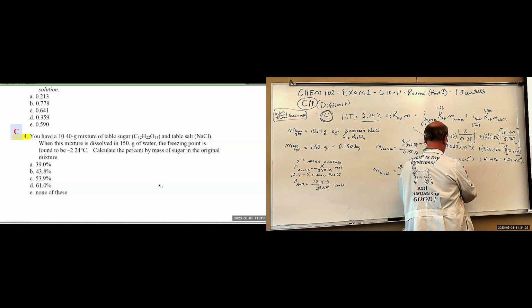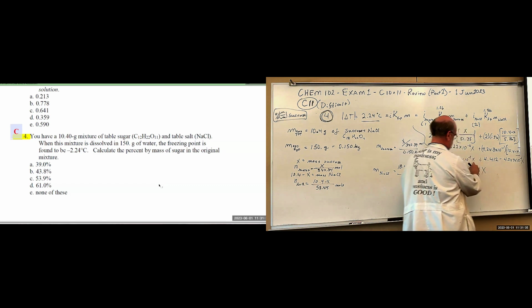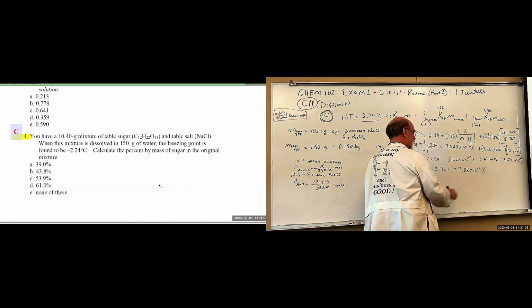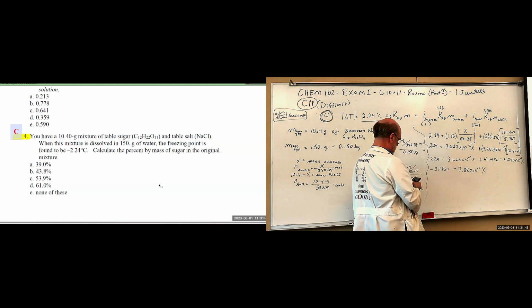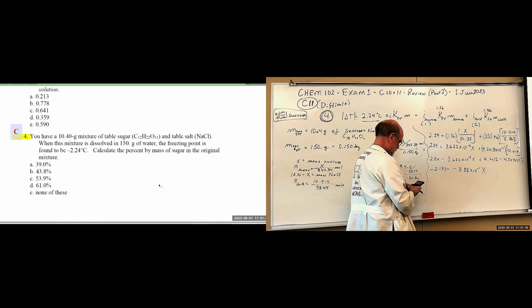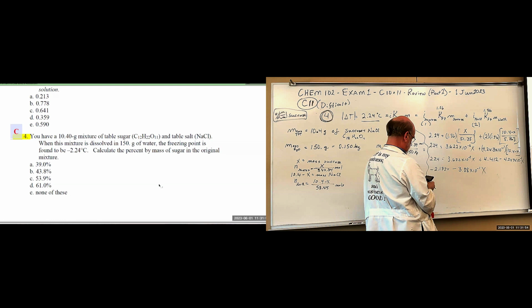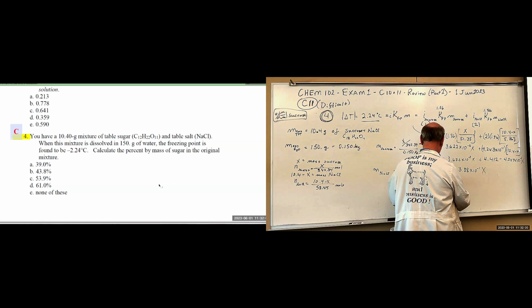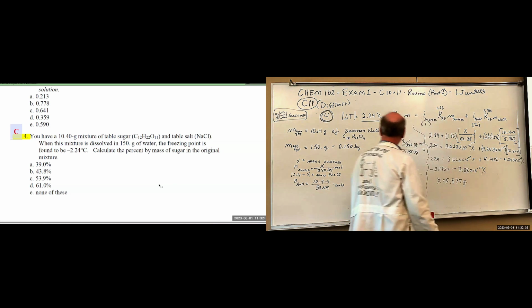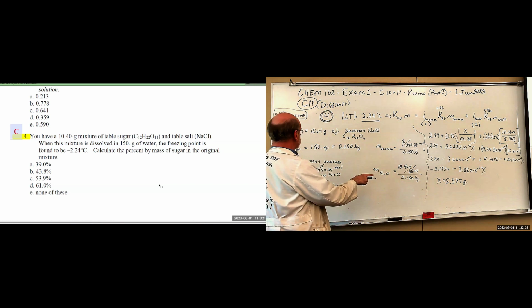This is minus 3.88 times 10 to the minus 1 X. Don't forget the X. Now, X is equal to this one divided by that one. A negative divided by a negative is positive. So X is equal to 5.597 grams. X was the mass of the sucrose.